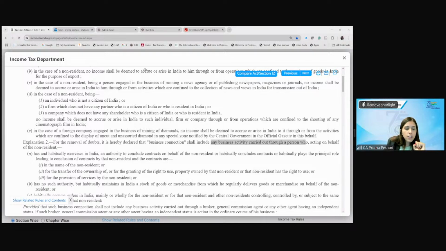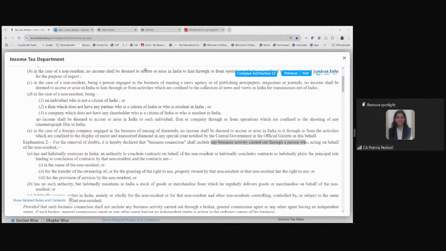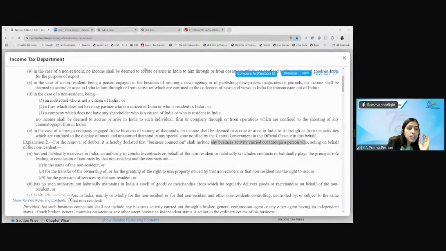And therefore, at the level of the OECD, they realized this particular loophole in the law and suggested that all the countries across the world amend the tax treaties as well as their domestic tax law, to introduce that even if the agent is not concluding the contracts formally, but is doing all the other acts which are leading to the conclusion of the contracts, then in that case the agent will be considered to constitute the business connection or the permanent establishment.